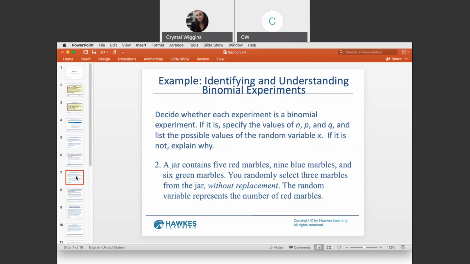Okay, there are some things that are good here, and then there's some things that fail. So one thing for you to know is even if you identify that the random variable X is defined as what's supposed to be a success, getting a red marble, if you find one thing that fails, the whole thing is not a binomial.